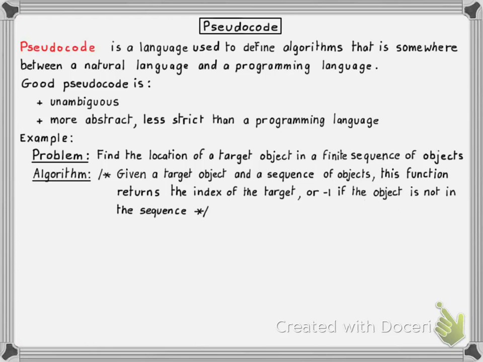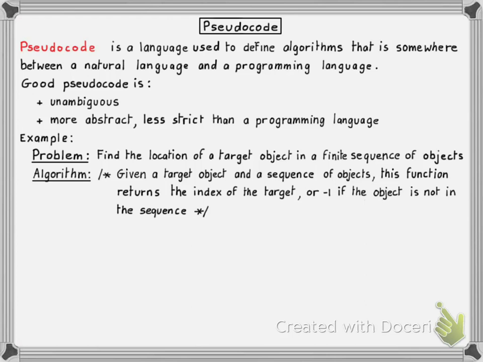Then this algorithm will return an integer which will be the index of the target object in the sequence if it was found. Remember that every element in a sequence has an index or a position from 0 up, so that will be the output of the algorithm. And in case the object is not in the sequence, the output will be -1, which is not a valid index. So it will be easy to distinguish whether the object was found in the sequence or not.